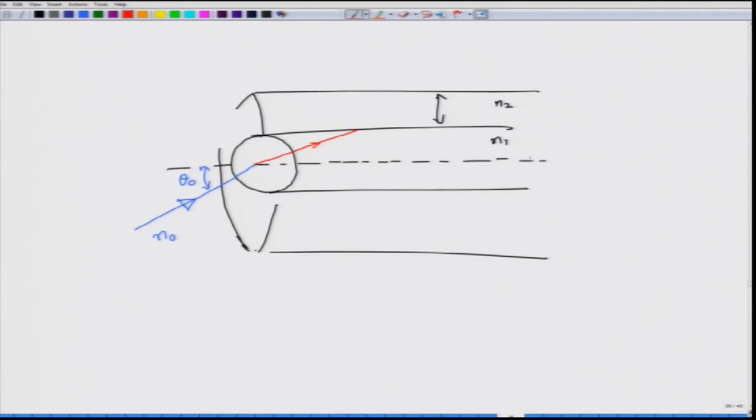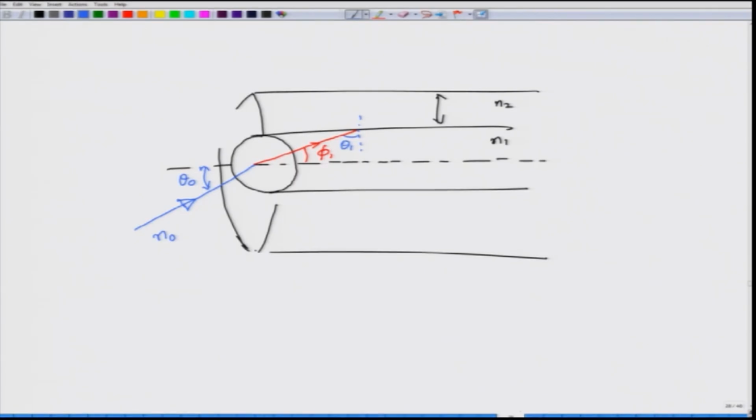This axis is the normal to the interface, and the refracted ray makes an angle, let us call this phi 1, with respect to the normal. This is the core and cladding, correct. This ray of light which is travelling inside the core has made an angle of theta 1.